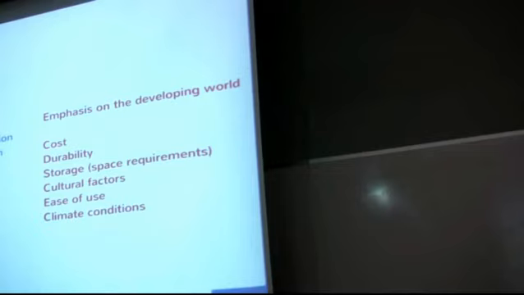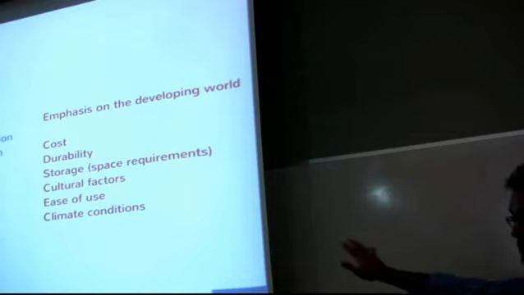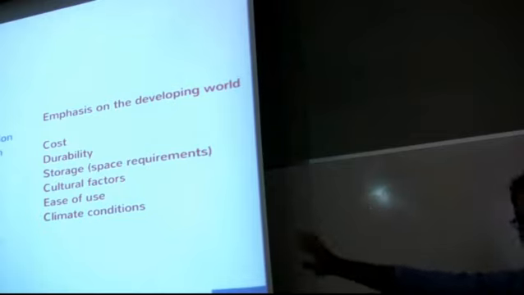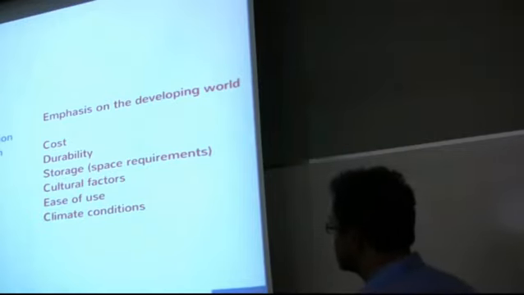Maybe also size could be important for transportation. You need to ship things somewhere. So there's a very diverse set of considerations that need to go in when you think about designing devices. And obviously, these are also important for conventional markets, not just the developing world. But clearly, if you can address this for the developing world, you can obviously address this for the developed world as well. So I think they're in general useful.